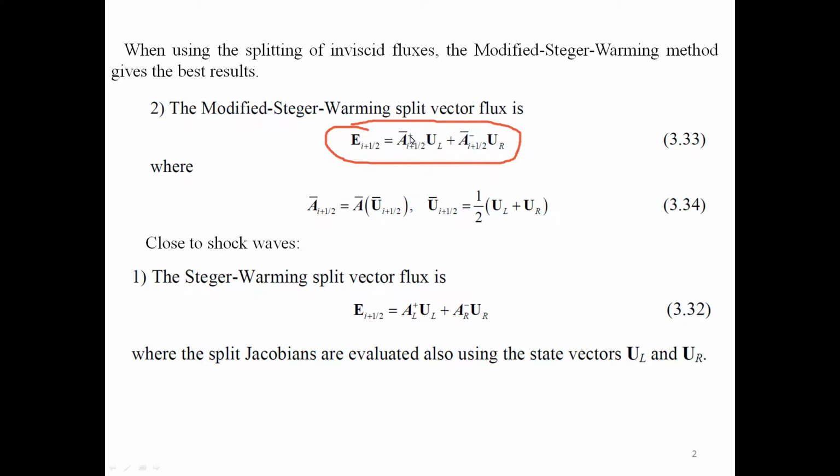Here the matrices A plus and A minus are calculated using the mean value of vector U. But this approach is not suitable in the vicinity of strong shock waves.